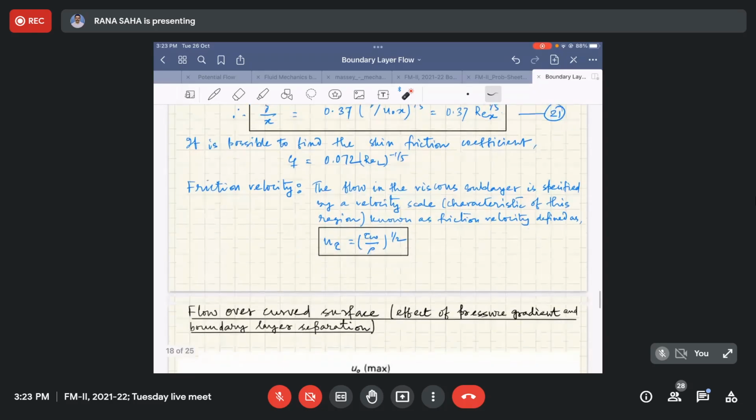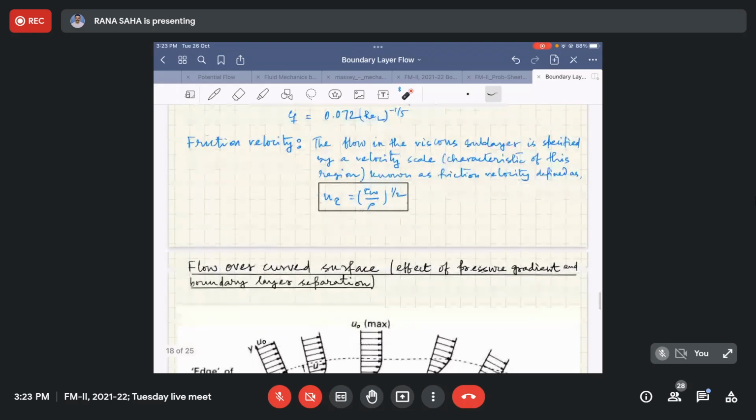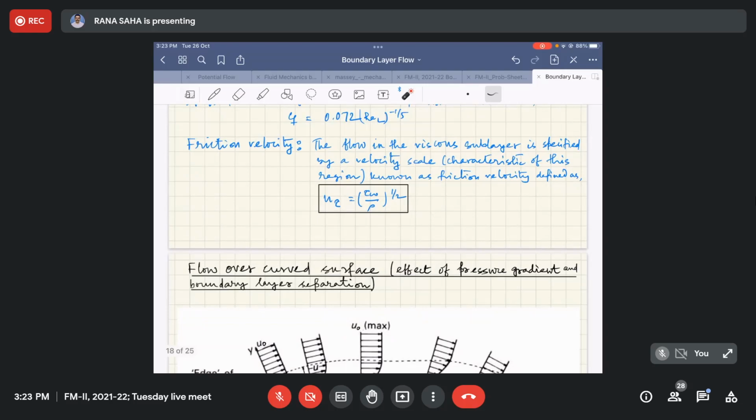Then the definition of friction velocity is being written here. That is typically to define the viscous sublayer. If you can recall the development of the boundary layer, starting from laminar to turbulent, with transition in between, in the turbulent boundary layer itself, there is a viscous sublayer.